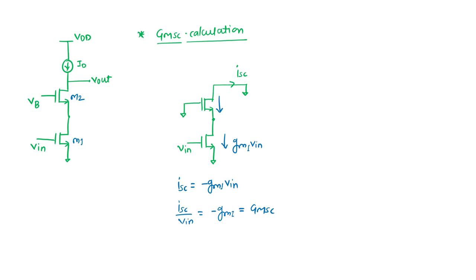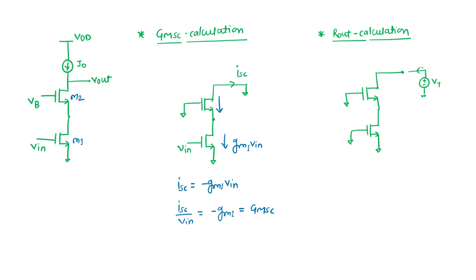Now we'll calculate the other thing, the R out calculation. Again we open the DC current sources and short the DC voltage sources, so all the inputs are shorted here. Now I'll apply a test source VT, and the current is IT.